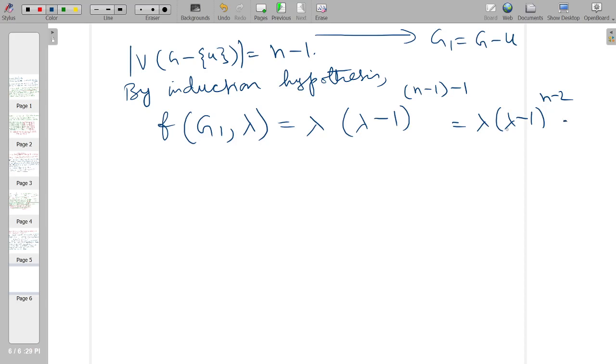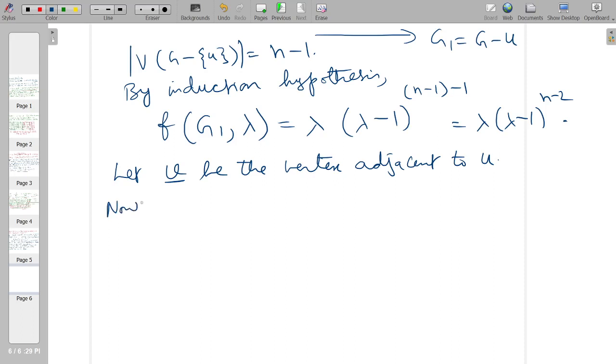I will have different such colorings here, and now I have removed u. Let v be the vertex adjacent to u. Because u is of degree 1, you will have only one vertex, which will be v.